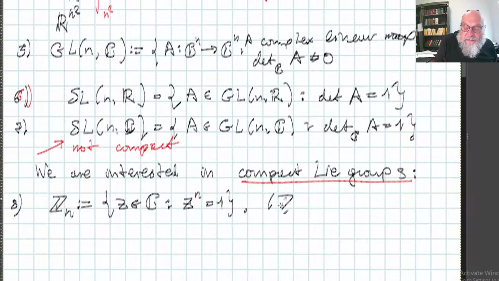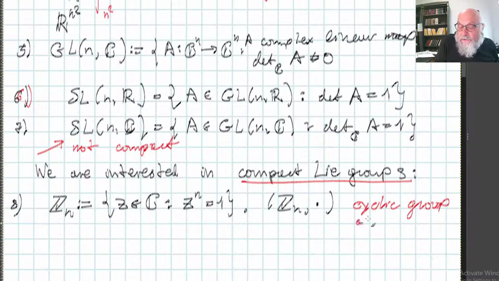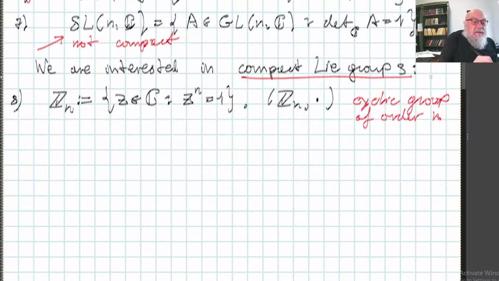So in such a case, we will be considering this to be a multiplicative group with the multiplication given by the multiplication of complex numbers. And this is our cyclic group of order n. So that's our example 9.